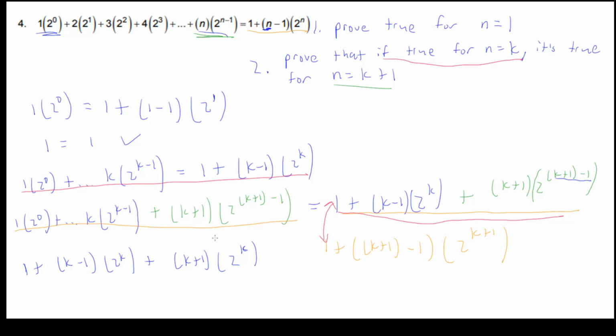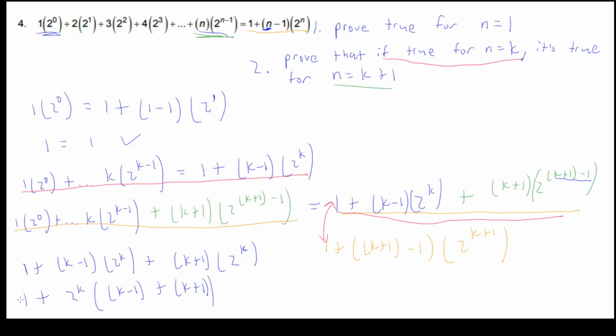Okay, so after that, in order to get this even closer to this expression here on the right, let's factor out a 2 to the power of k. So this is the same as 1 plus 2 to the power of k times k minus 1 plus k plus 1.